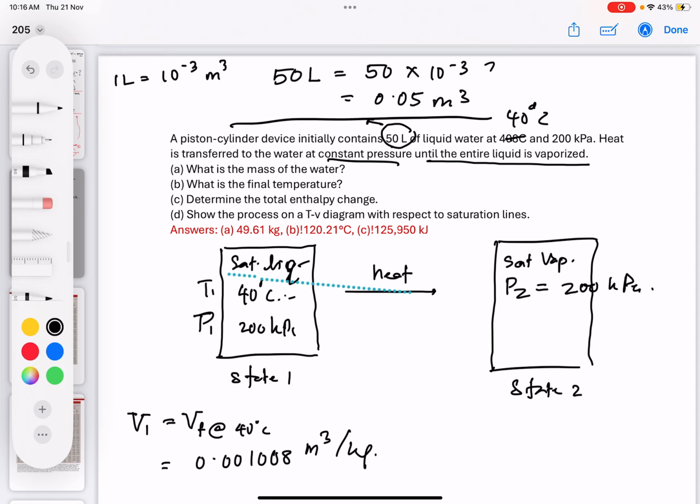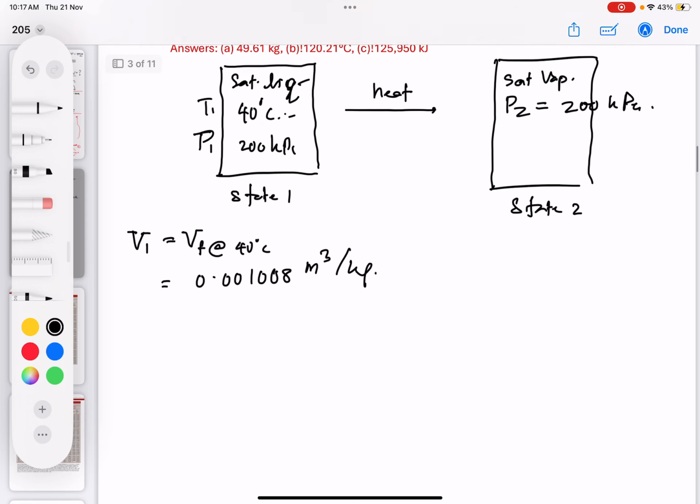Supposedly they give me a table with the unit conversions. Let's say you cannot remember how to convert from liter to meter cube, you can just simply ask me even during the finals, because this one should be given, because we don't have to remember liter to meter cube and so on. I just remember because I'm dealing with unit conversion a lot, that 1 liter equals 10 to the power of negative 3 meter to the power of 3. So when I convert it, I'm going to get the volume of 0.05 meter cube.